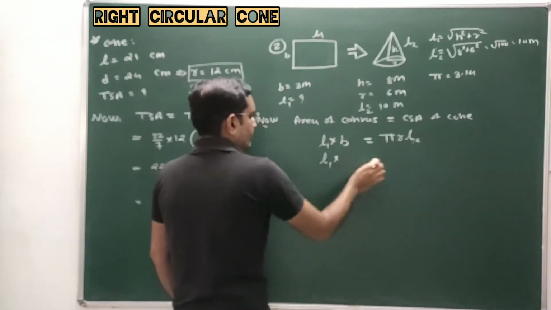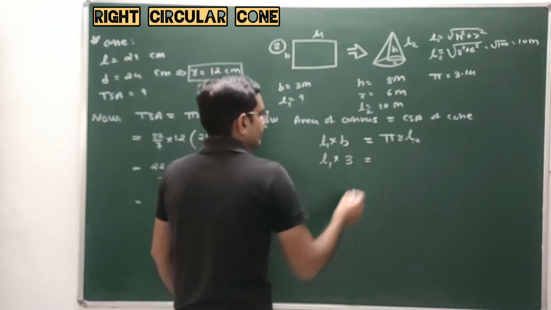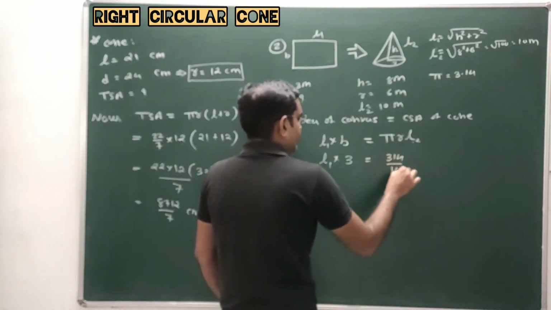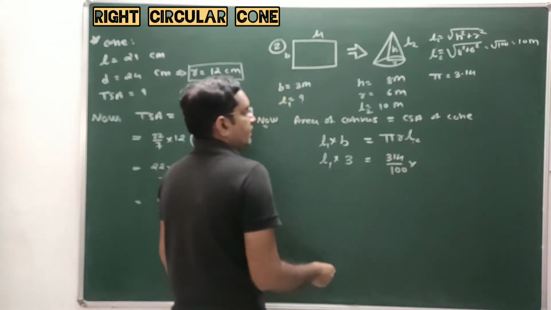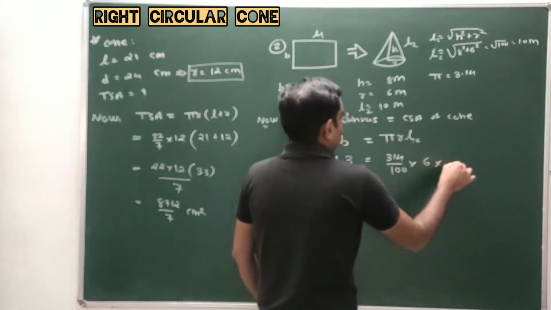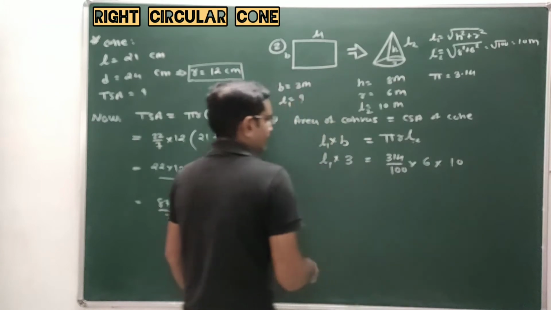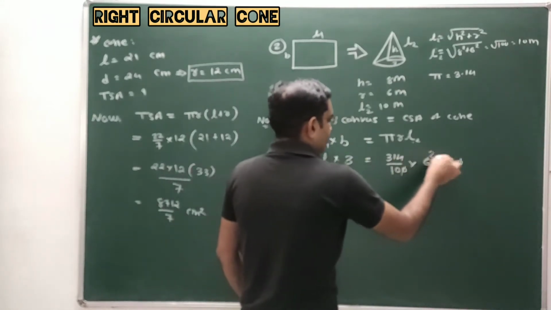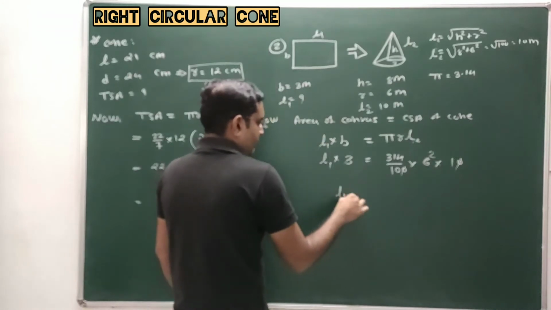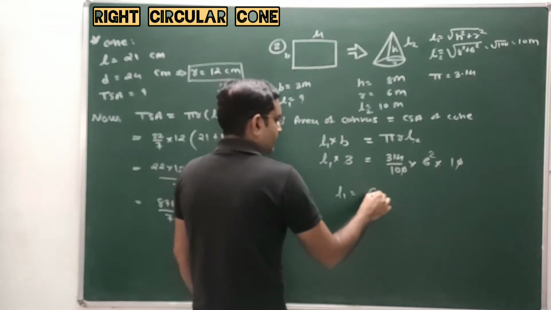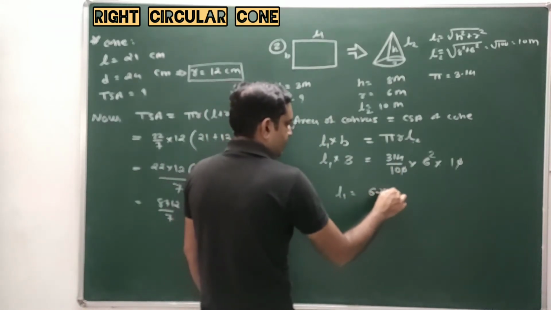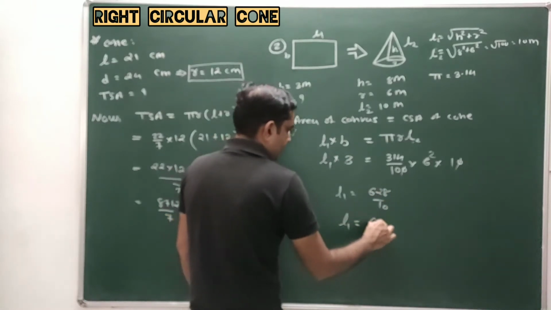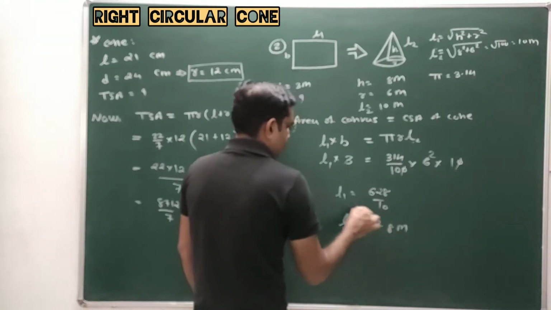Breadth of this canvas is given, equal to 3, equal to pi, given 314 by 100, into r 6 into l2 10. So the zeros cut, and 3 to the 6 is cut. So l1 equals 628 by 10. So the length of canvas is 62.8 meter.